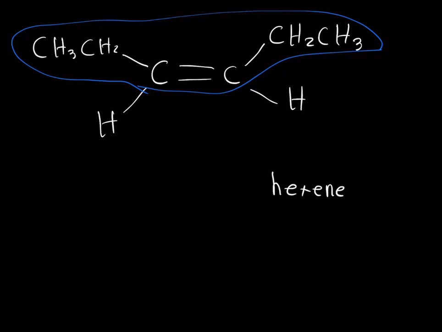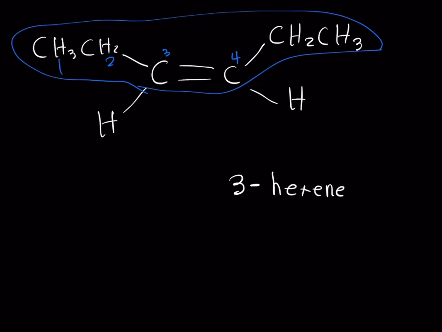And the double bond is in between carbons 3 and 4. But we're going to go with the lower number, so it's going to be 3-hexene. And in this case, we do not have any substituents.